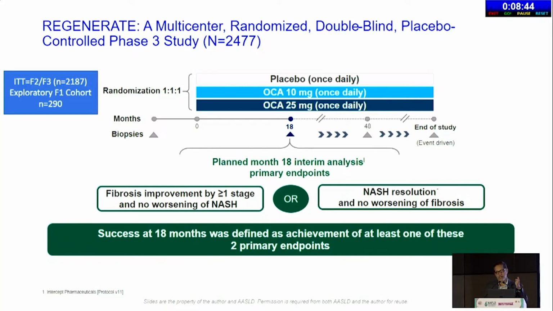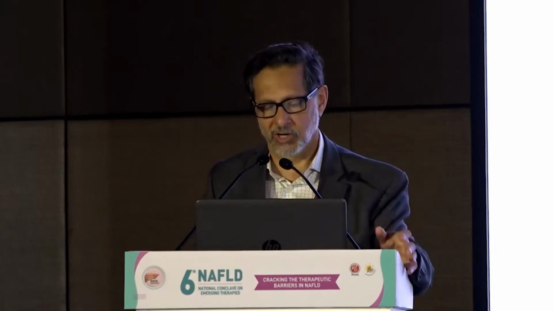At month 18 is the interim time point for that surrogate marker analysis by histology. There are 2 endpoints: fibrosis improvement by 1 stage or more without worsening of NASH, or NASH resolution without worsening of fibrosis. So, or, not and, either one will give you conditional approval. It's not a full approval. It just says there's a huge unmet need. We have reasonable evidence that it is working, but keep going on with the study, but the drug is now approved.